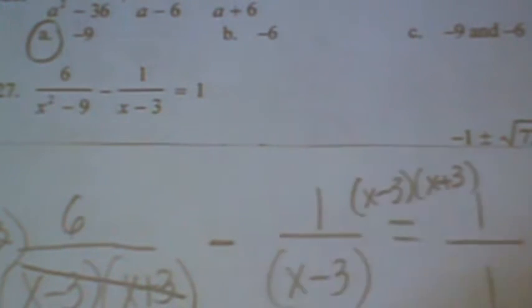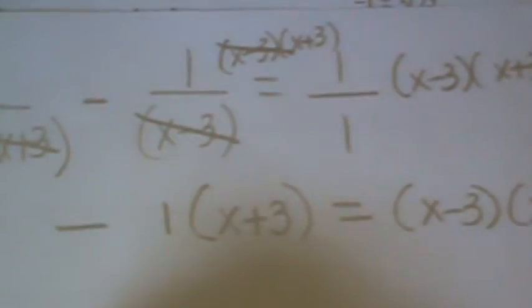So these will cancel, so you get 6 minus, those cancel, so you have minus 1 times x plus 3. And then, there's nothing that's going to cancel here, so you have x minus 3 times x plus 3.